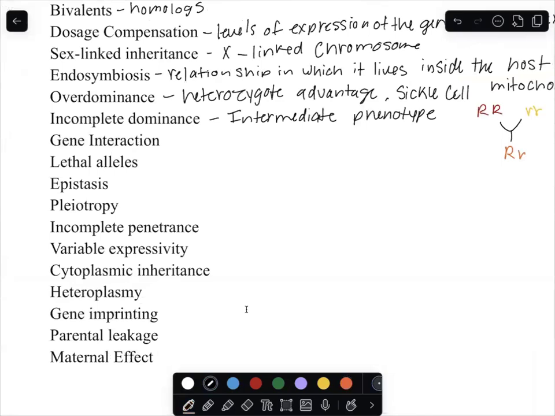So, gene interaction. The presence of two genes influences the outcome of a trait.